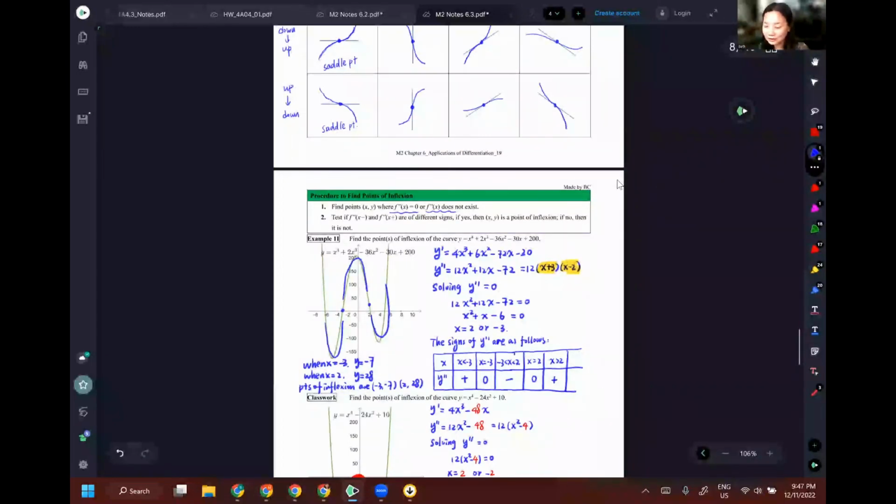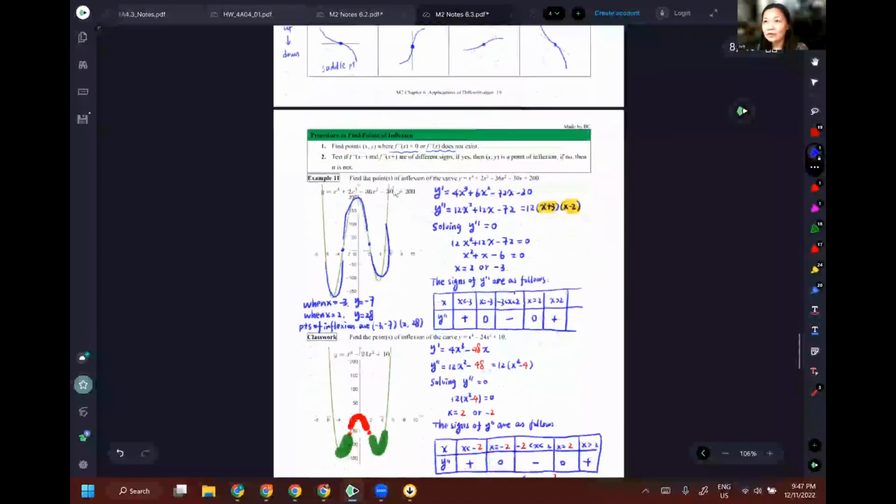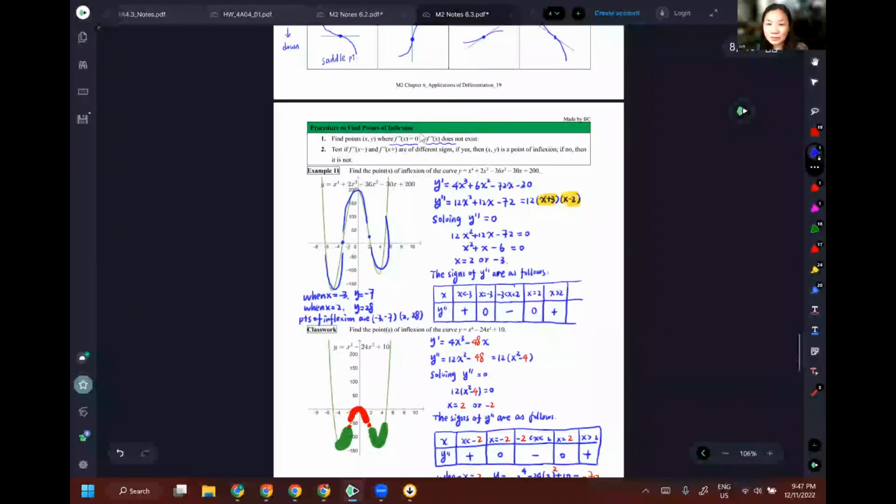For the first derivative test, that is designed to find out maximum minimum. For the second derivative test, also find maximum minimum. For the points of inflection, it's completely different, because I don't look for the stationary points anymore. I don't care what the stationary points are.